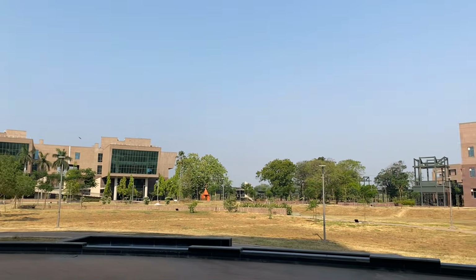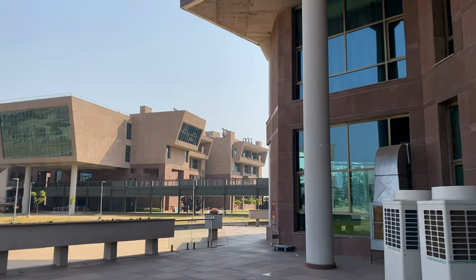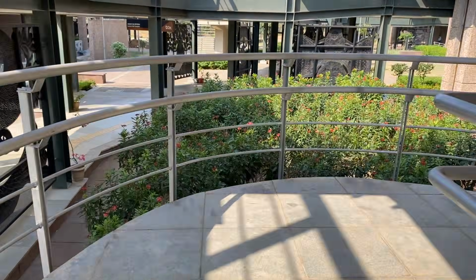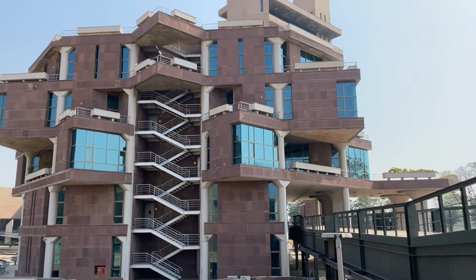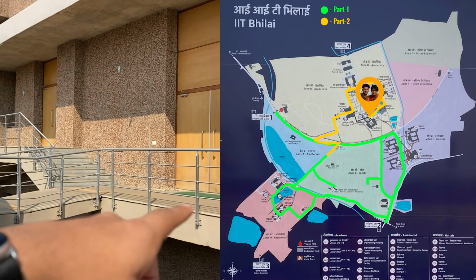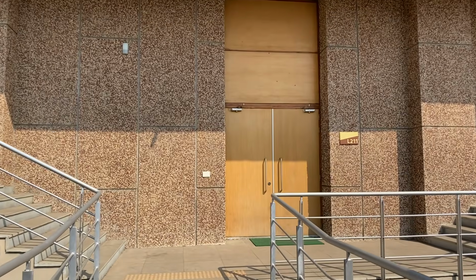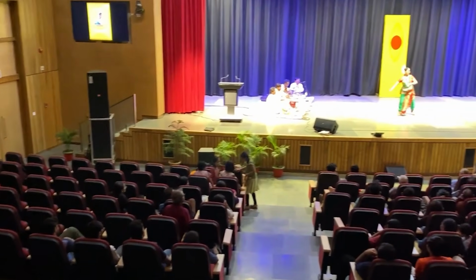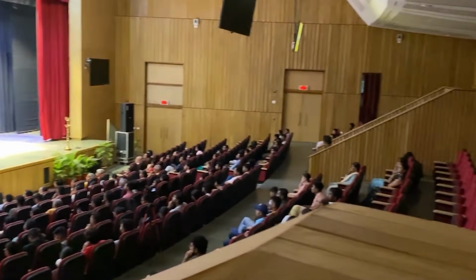So now let's go to the lecture hall complex. Guys, this one right here is the LHC 500, which I think must be locked right now. Guys, currently 500 is locked, but you can see how it looks like in my video where I've covered Speakmaker day 1, day 2 and day 3.